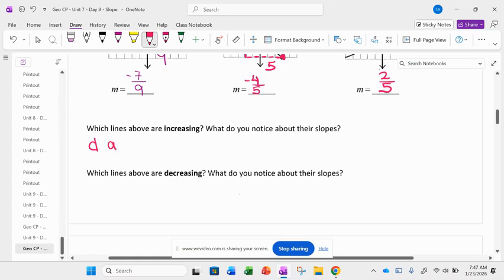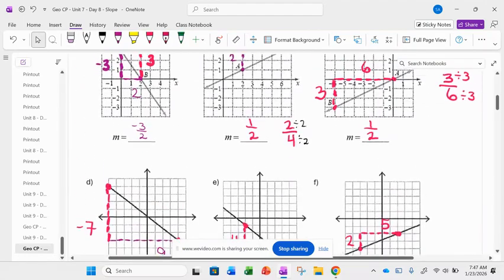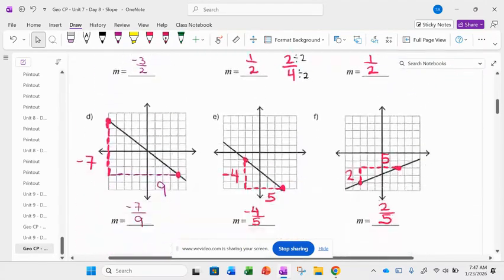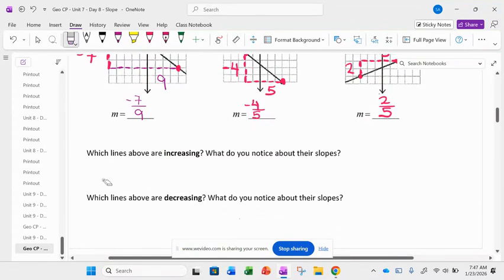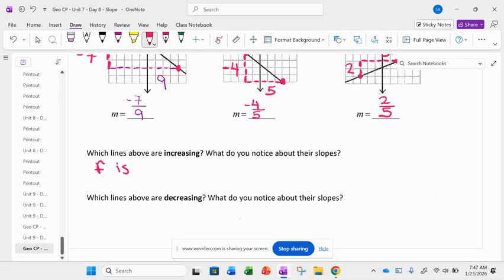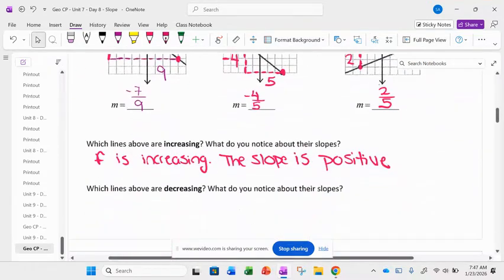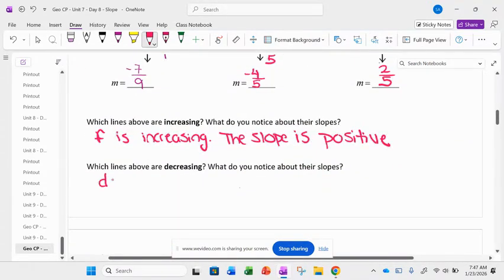So we're going to say D and E. Oh, sorry, not D and E. We'll just take the last two. We'll say F is increasing. The slope is positive. Which lines are decreasing? We're going to say D and E are decreasing.